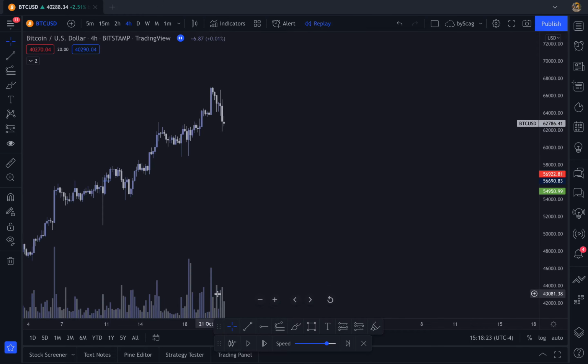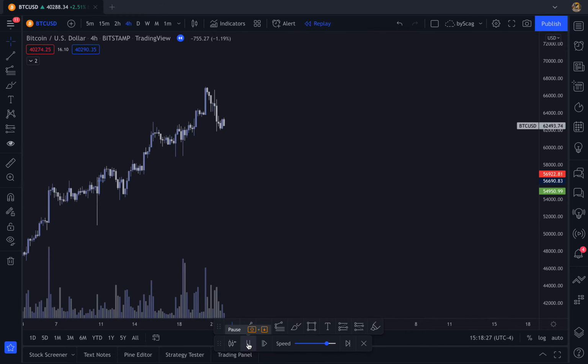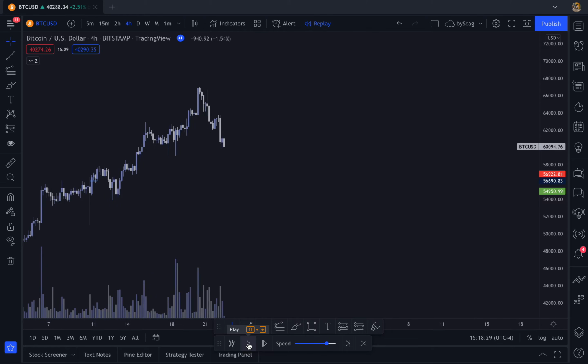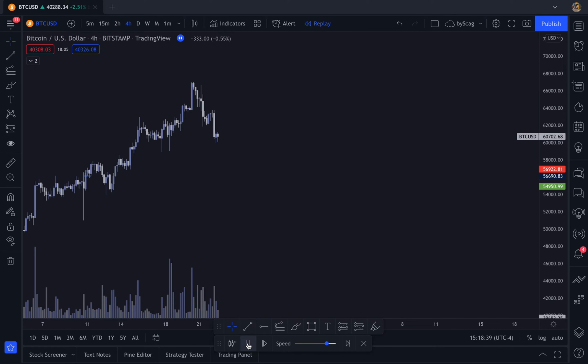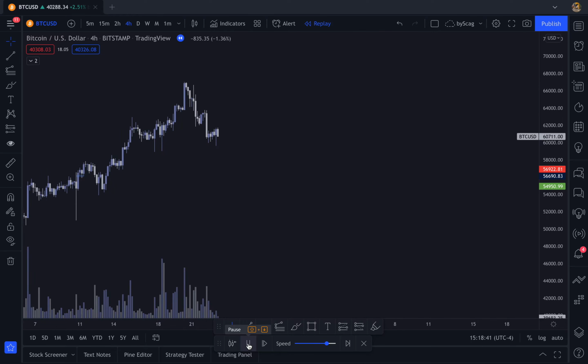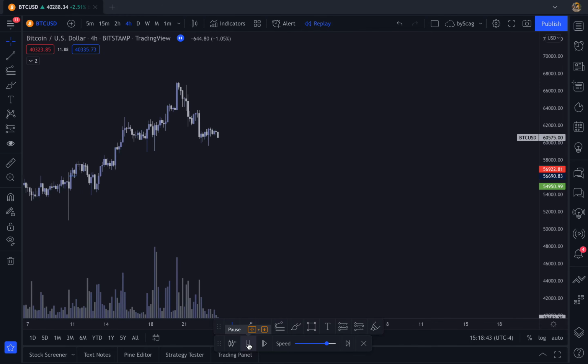No real alarming effort here from the sellers though. But as price starts to settle out, we start to see even more levels of structure being broken, right? Starting to pull back. The effort is remaining kind of consistent from the sell side, but we're just observing. We don't see anything too alarming just yet.